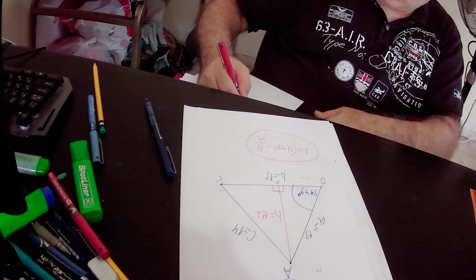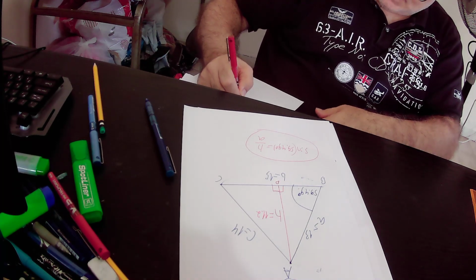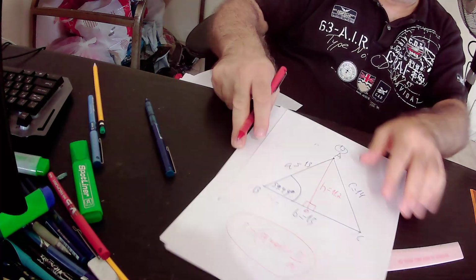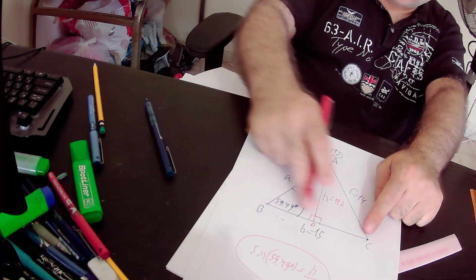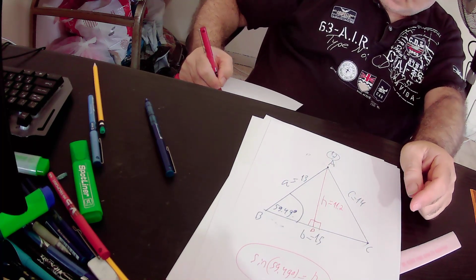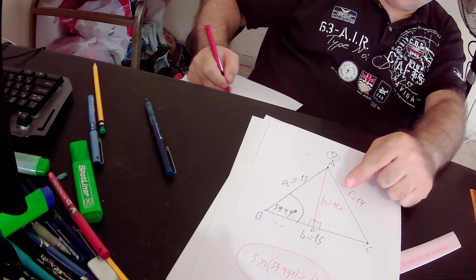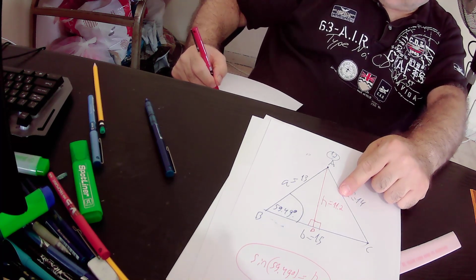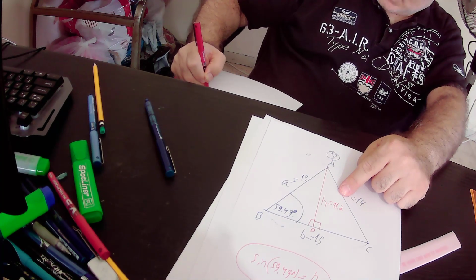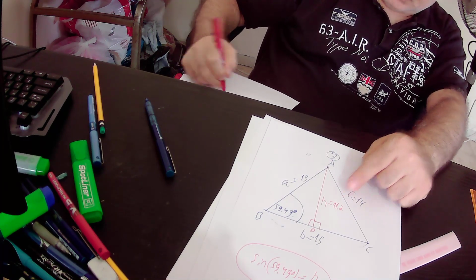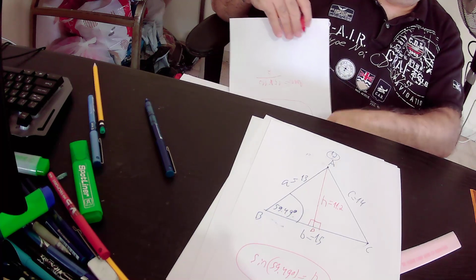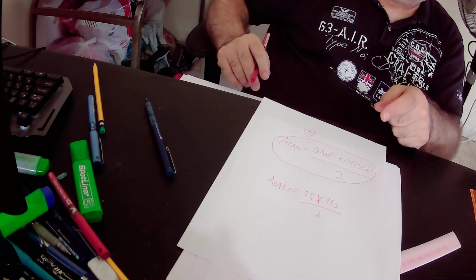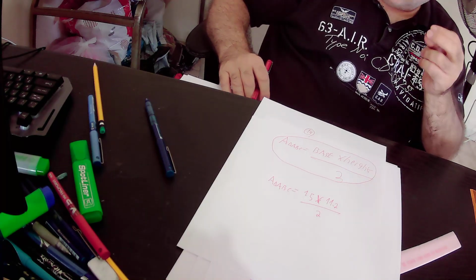So the area of triangle ABC equals the base of the triangle, that is b, that equals 15 units, times the height. We've already found out that the height h equals 11.2 units, over 2. Okay, so we got that the area of triangle ABC equals 15 times 11.2 over 2.